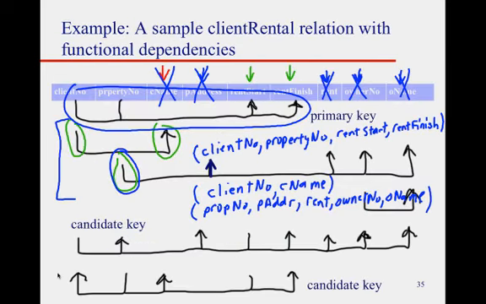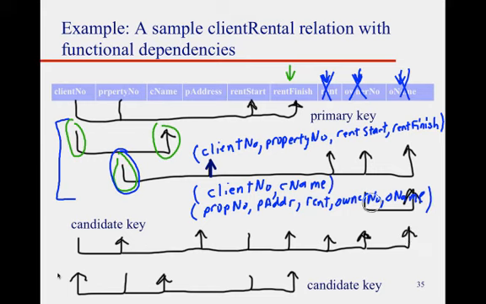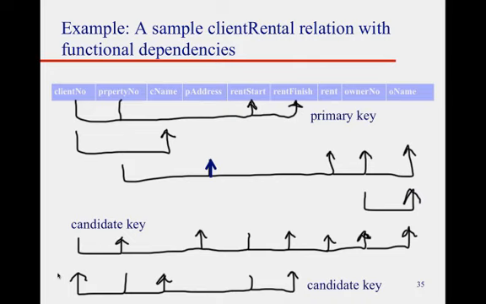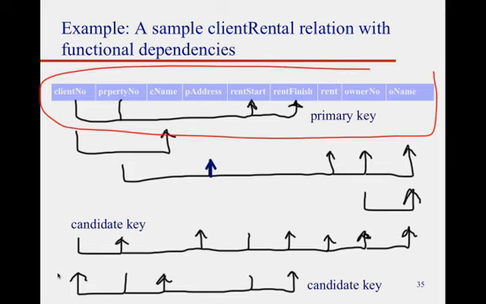Okay, if you go back here, and I get rid of all my stuff, whoops. So notice we're also eliminating redundant information. If we had multiple over time, as we get multiple clients leasing the same property, we would be duplicating the property address, the rent, the owner number, and the owner name, assuming the rent doesn't go up.